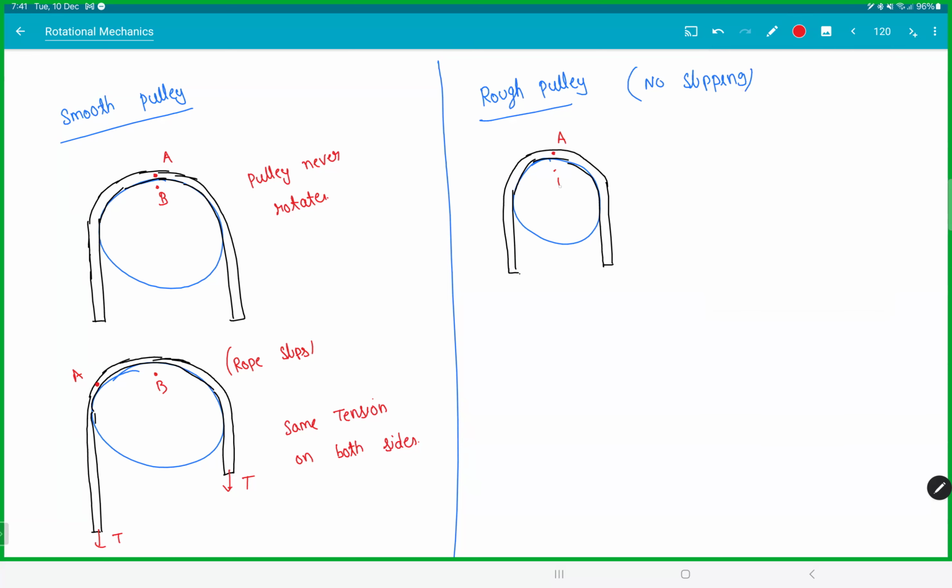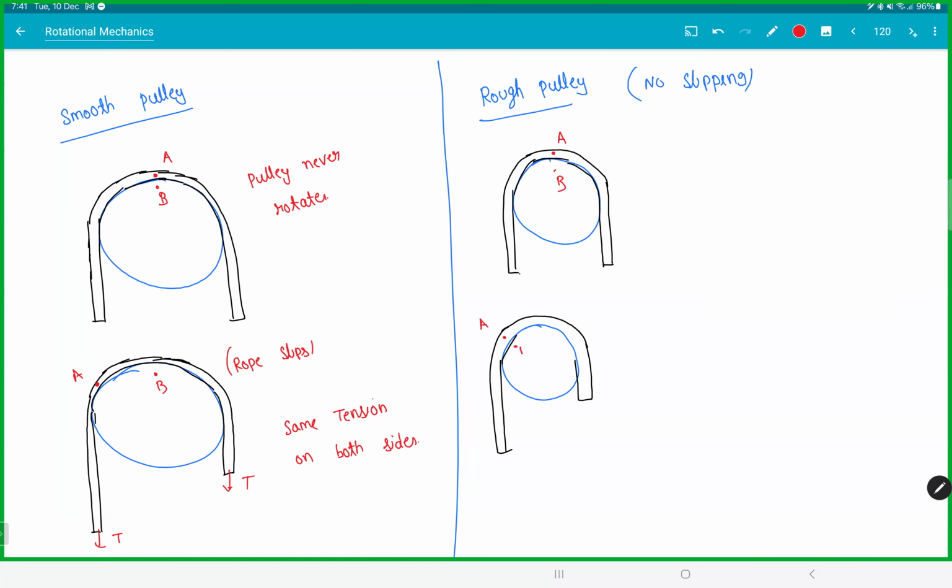If this was A and this was B, this pulley has actually rotated.